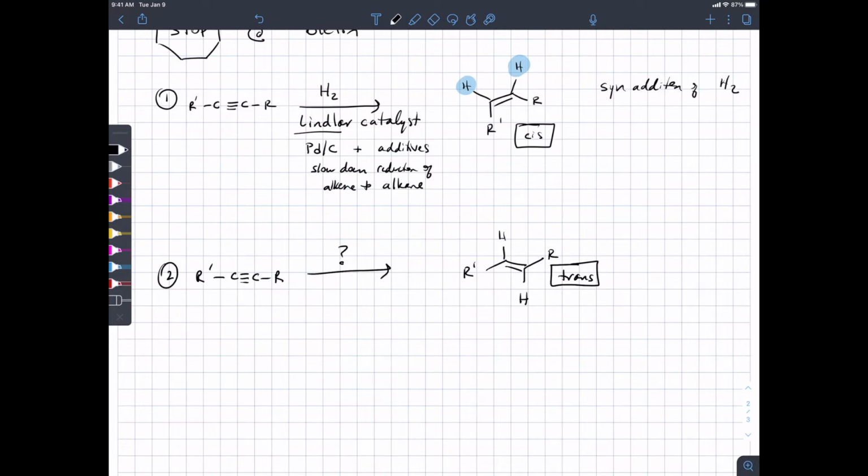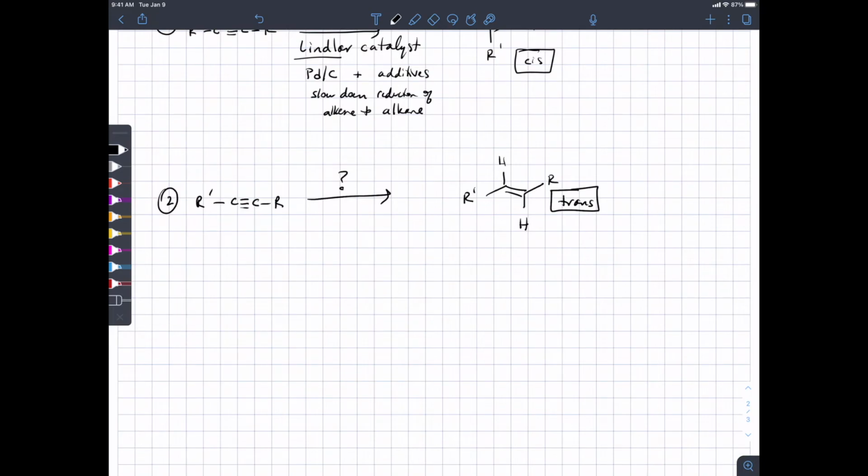And your strategy here is going to be to not add both hydrogens at the same time. Right? If you add them both at the same time on a metal surface, it's got to be cis. But if you add one after the other, then there's a chance that you can form the more stable trans stereochemistry.